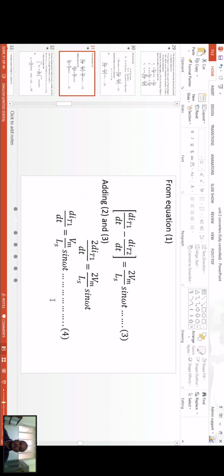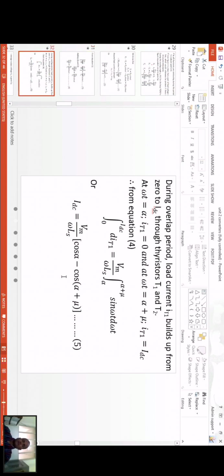Adding equations 2 and 3, with 2 Vm by Ls sine omega t, you will get di_T1/dt equals Vm by Ls sine omega t. So during the overlapping period, the load current builds up from 0 to I_DC through T1 and T2.